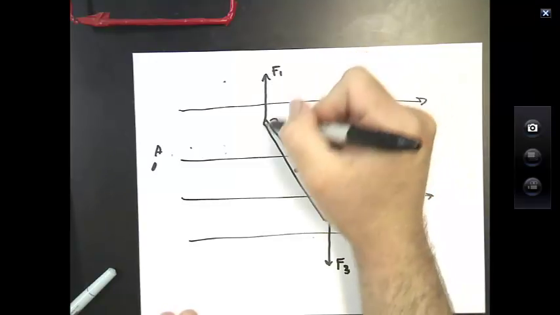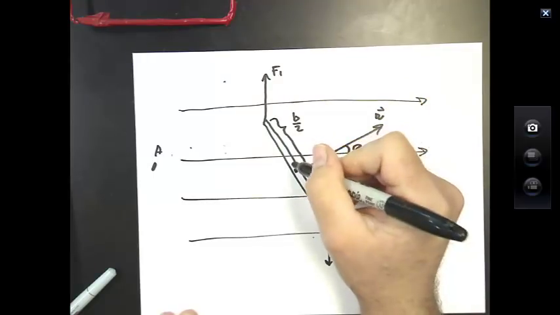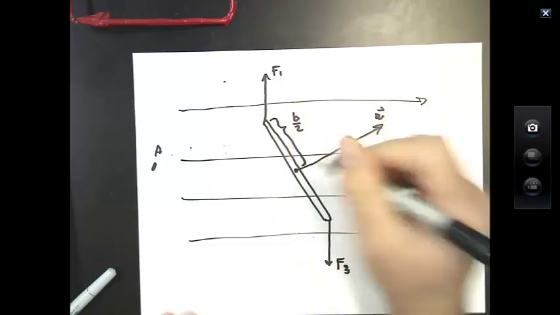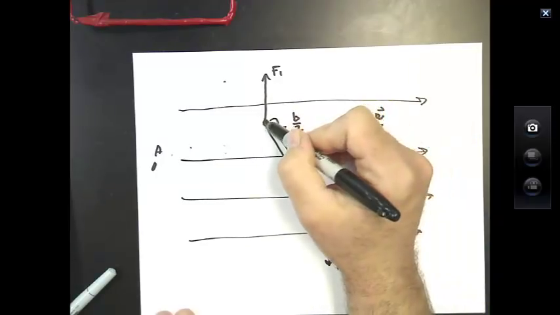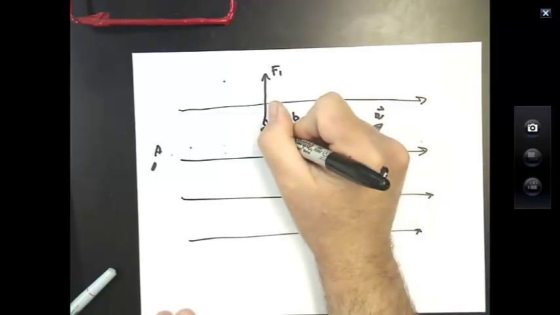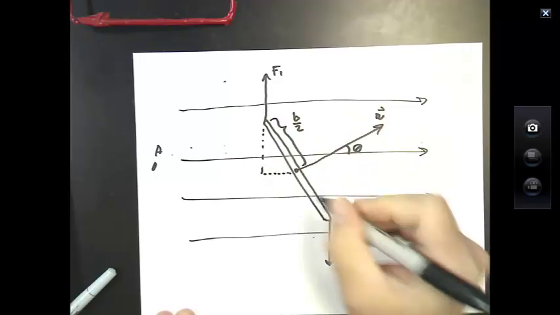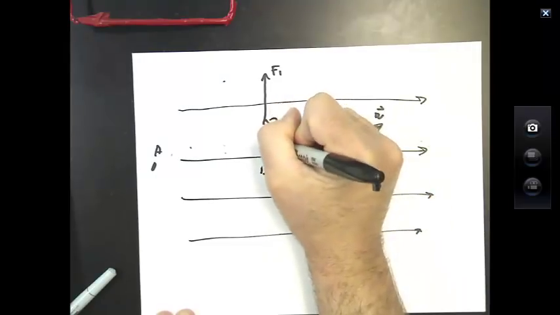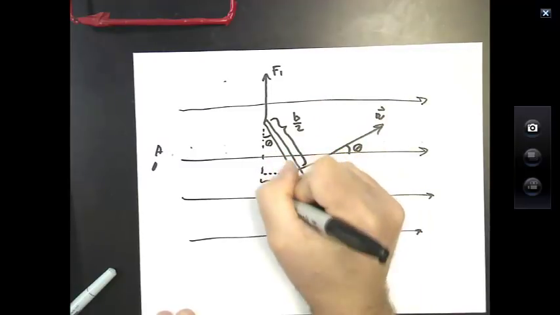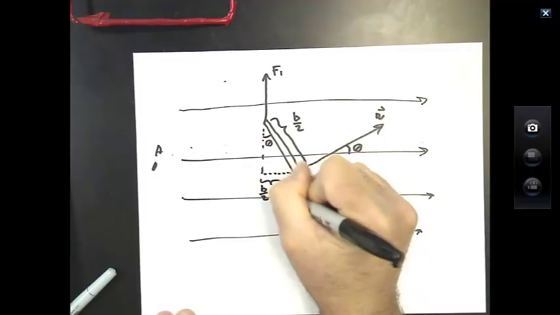So I can find the torque that this force exerts by taking the component of B2 perpendicular to F. I could take the component of F perpendicular to B2, either way. But if I draw my little triangle here, you would probably agree that this is angle theta, and this side is B2 times the sine of theta.